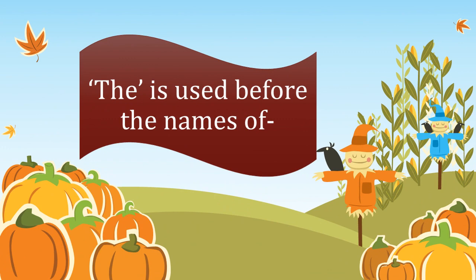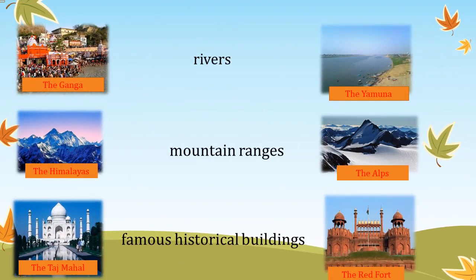Let us study where to use the. The article the is used before the names of rivers, the Ganga, the Yamuna.